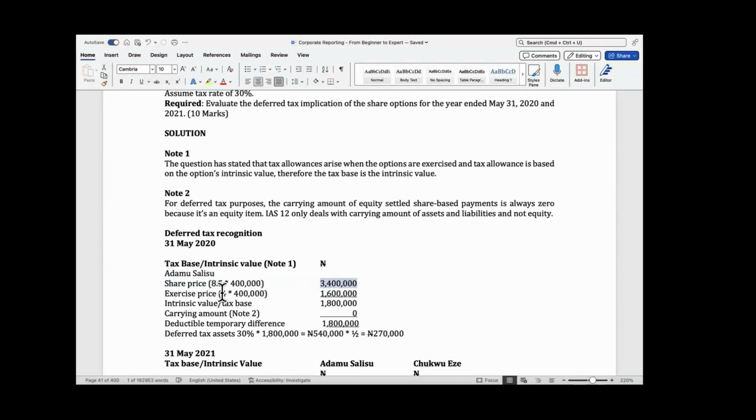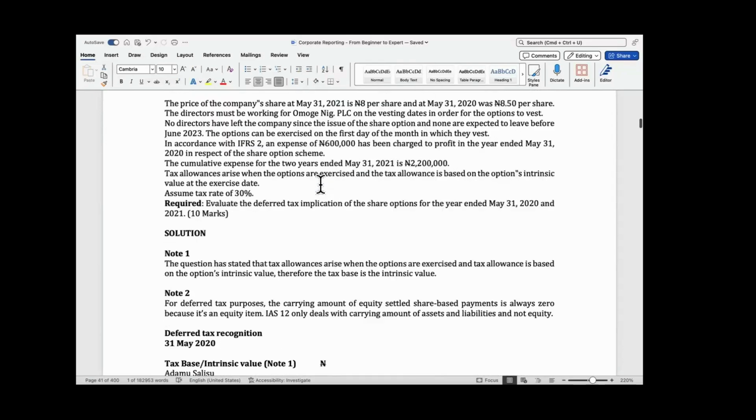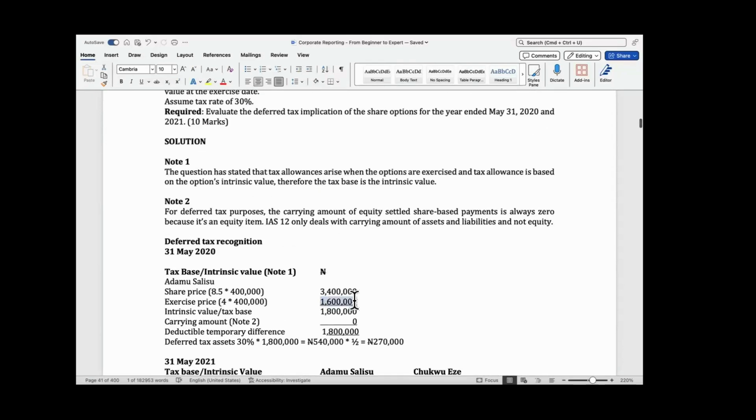The exercise price is 4 naira, and I multiply that by 400,000 to get 1.6 million. If I remove the exercise price from the share price, I get the intrinsic value, which is my tax base, and my carrying amount is 0. That means my deductible temporary difference is 1.8 million.